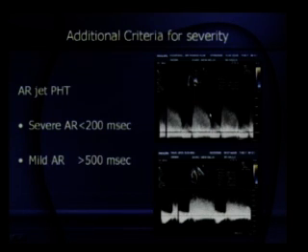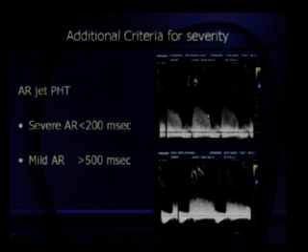Now here we are finding out the aortic regurgitation jet pressure half time, because if it is less than 200 milliseconds, where are we noting it from? From the peak to this point.